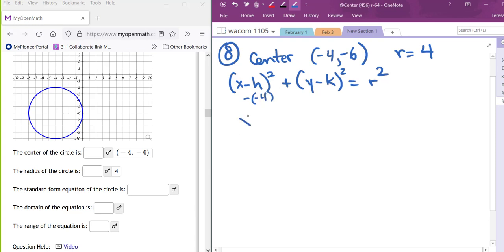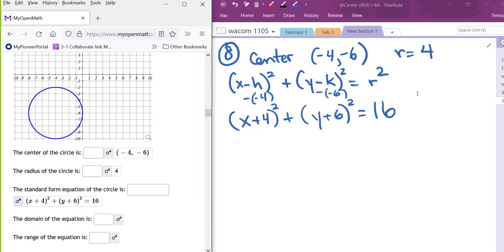So that is going to be plus x plus 4 squared plus, this will also be minus a negative. So this will be y plus 6 squared, and r squared, 4 squared is 16. So this should be our standard form, and we'll look at that. x plus 4 squared plus y plus 6 squared equals 16.